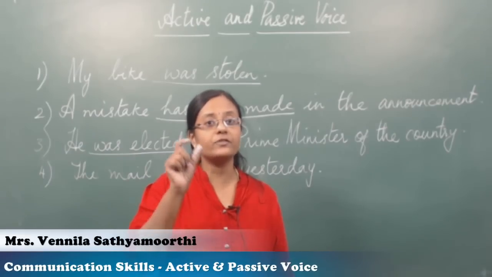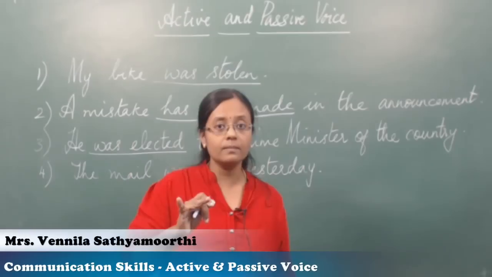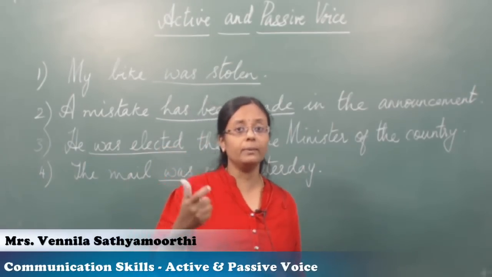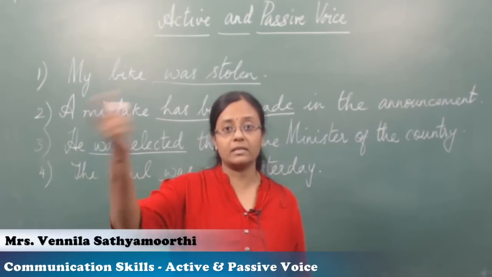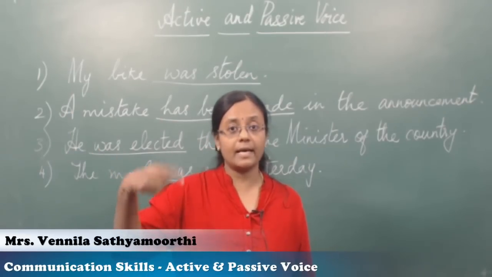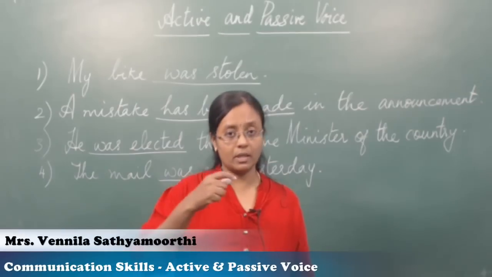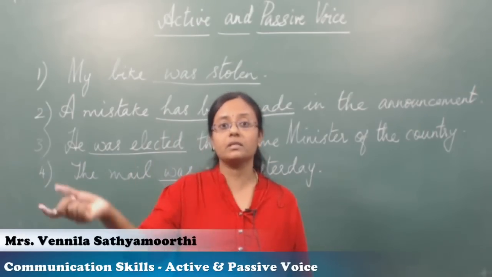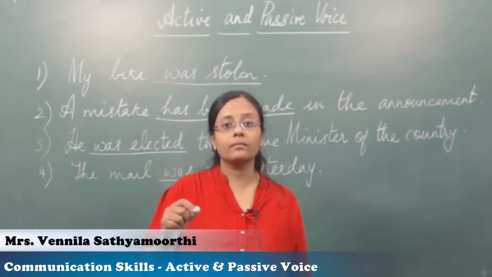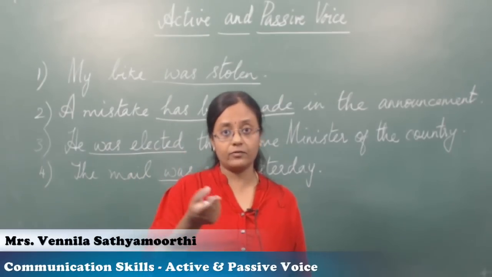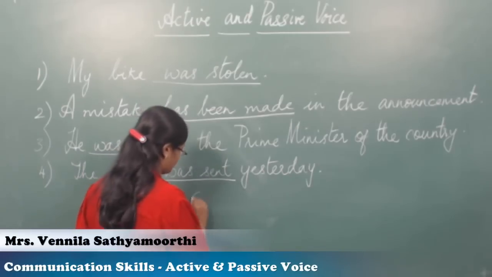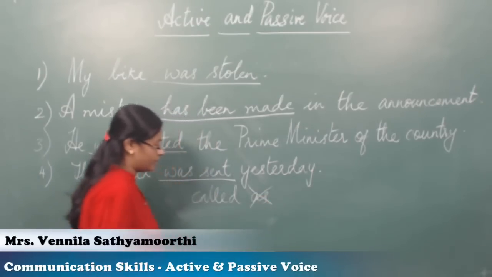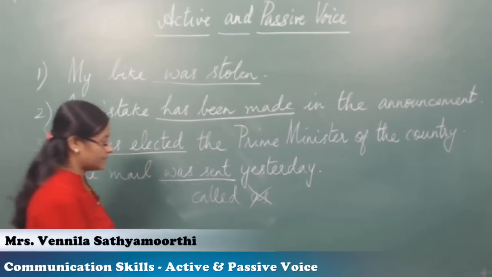And another thing, after elected, chosen, we don't use as, though many people commit the mistake. He was chosen as the president, she was elected as the treasurer, we say, but that's not the right way to say it. You should say he was elected the president, she was chosen the leader. No as after that, after called also, for that matter. Called as, we would have heard many people say this.